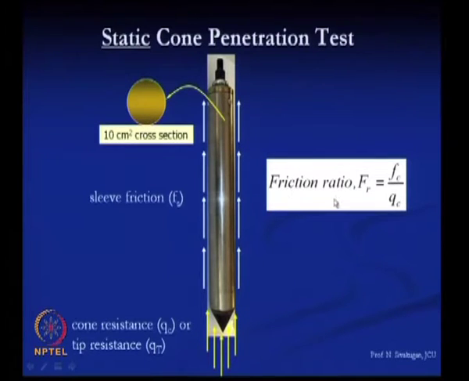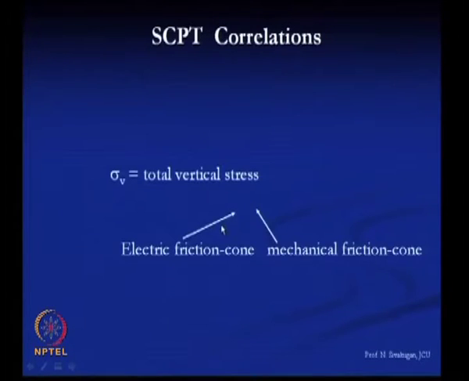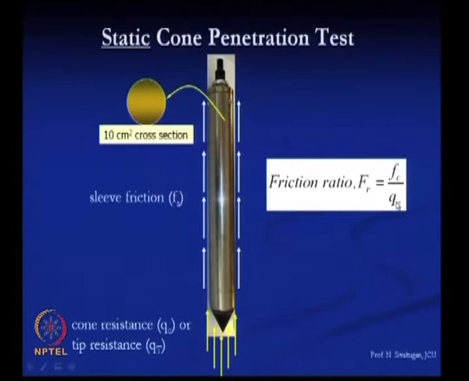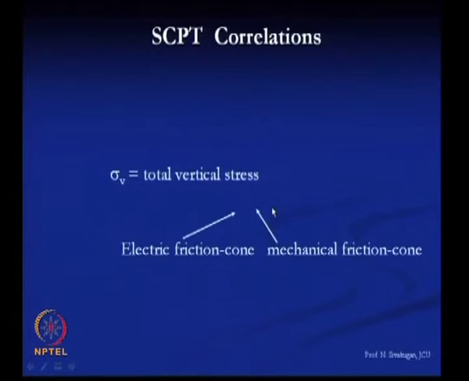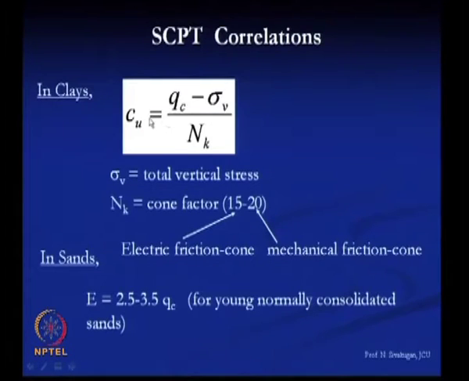From here we can calculate the friction ratio Fr, which is Fs by Qc, the friction resistance divided by the cone resistance. If we know the cone resistance, then by using this expression we can determine the undrained cohesion of the clay soil.